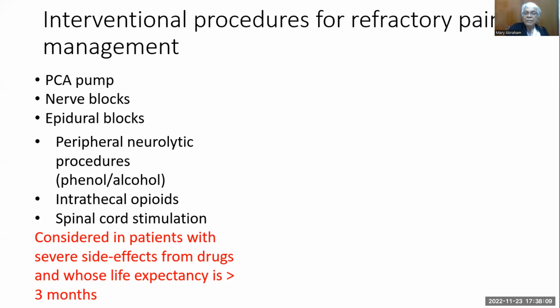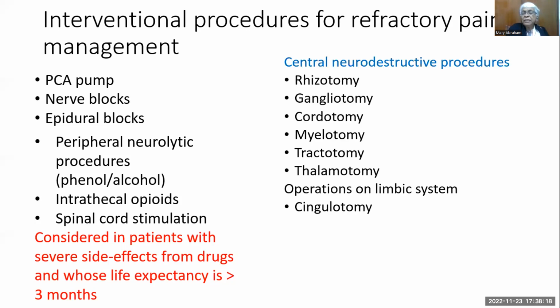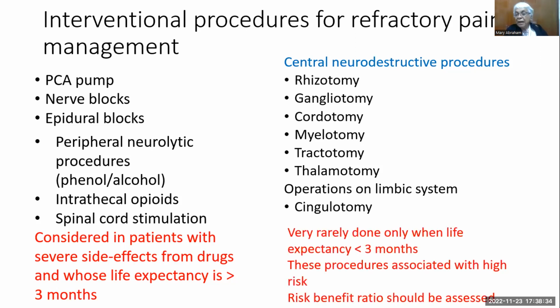These options are considered in patients with severe side effects from drugs whose life expectancy is more than 3 months. There are also central neurodestructive procedures: rhizotomy, gangliotomy, chordotomy, and myelotomy. They are all done on the spinal cord and the brain. But they are very high risk procedures, and the risk-benefit ratio may not be very good, so the risks outweigh the benefits.